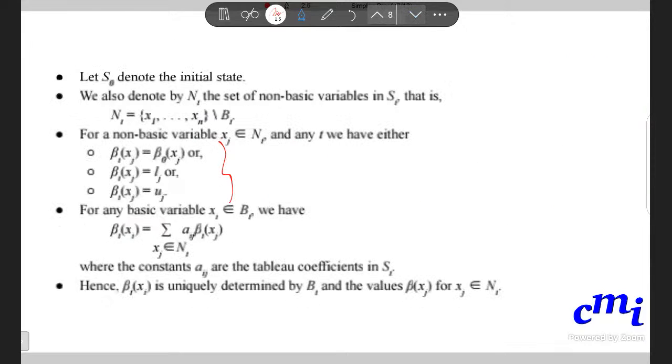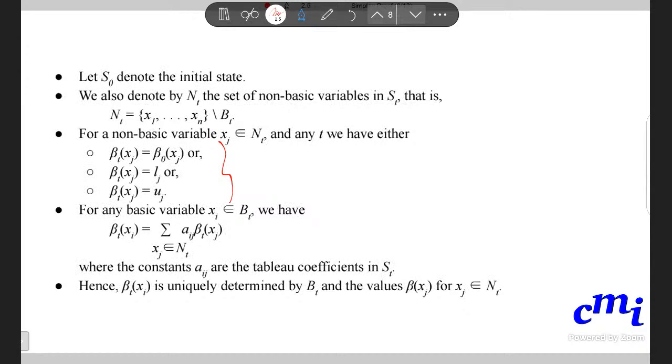Now this was the invariant that Sir was talking about, which basically says that for any non-basic variable, either it remains unchanged, so it is equal to the assignment given at its initial state, or if it is changed, it comes from the basic set.